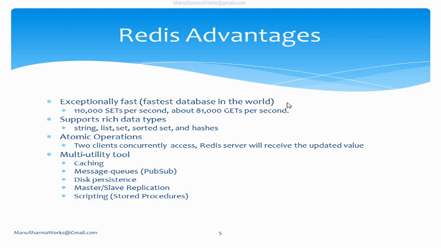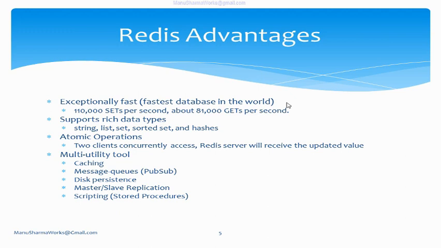And it has atomic operations. If multiple clients are concurrently accessing it and one client saves some information, the same information is available to the other clients also, so there is no concept of dirty read. The Redis database can be used as a caching tool. It can be used as a messaging queue, similar to the PubSub concept, where one publisher pushes data to the queue, and other subscribers of the queue get an alert or notification about new data coming into the queue.